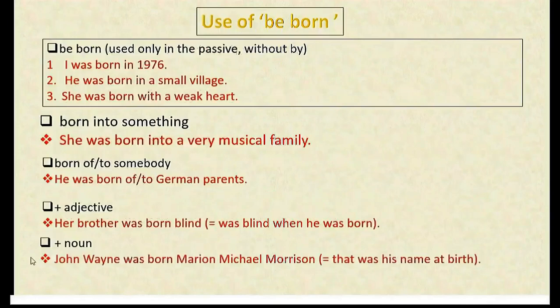And be born plus noun, another structure, and the example is John Wayne was born Marion Michael Morrison. This means when he was born his name was Marion Michael Morrison. That is, this name was his name at birth.